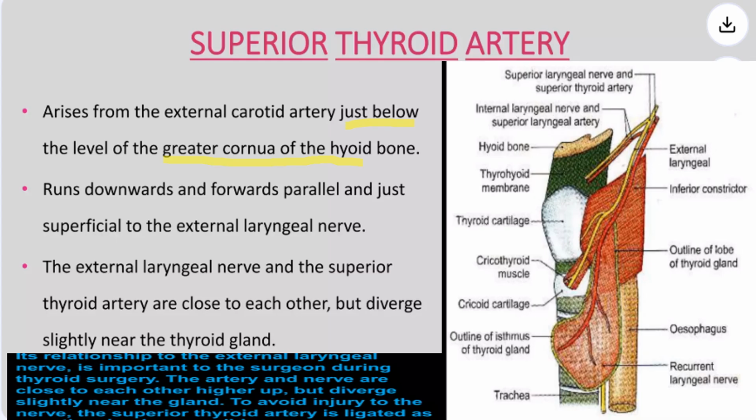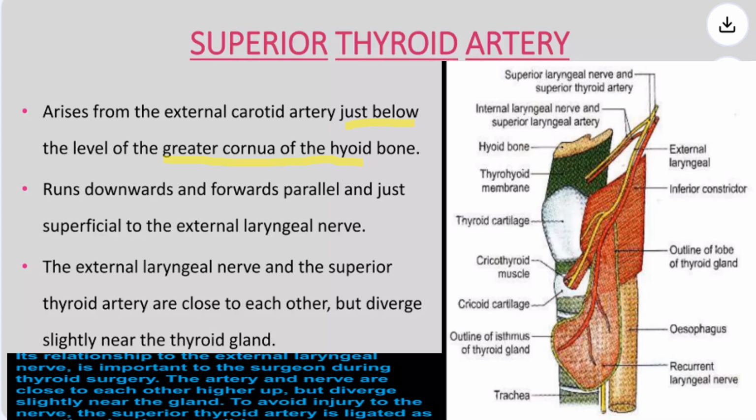It divides and runs forward and parallel, just superficial to the external laryngeal nerve. So here we have the external laryngeal nerve and the superior thyroid artery running close to each other but diverging slightly near the thyroid gland. This nerve which we are seeing is the superior laryngeal nerve, which divides into the internal laryngeal nerve and the external laryngeal nerve.